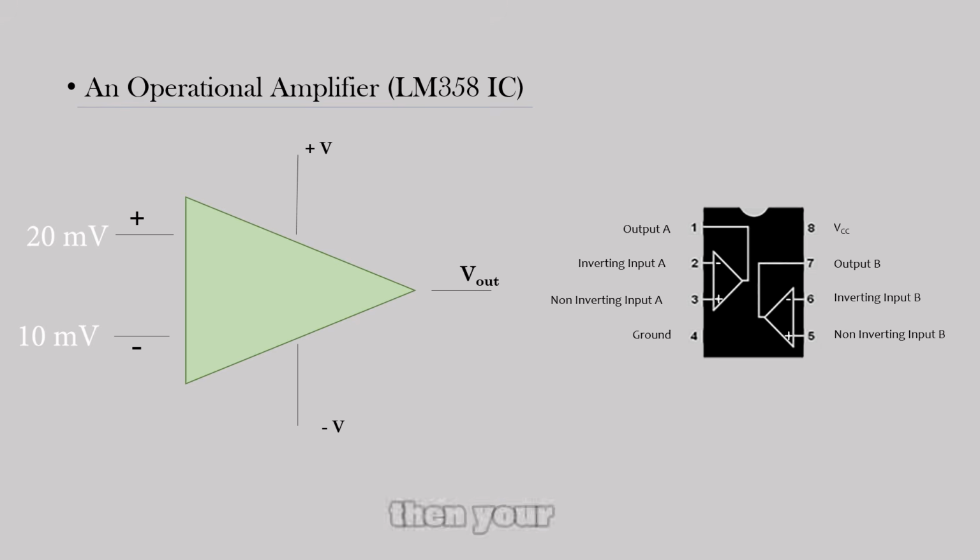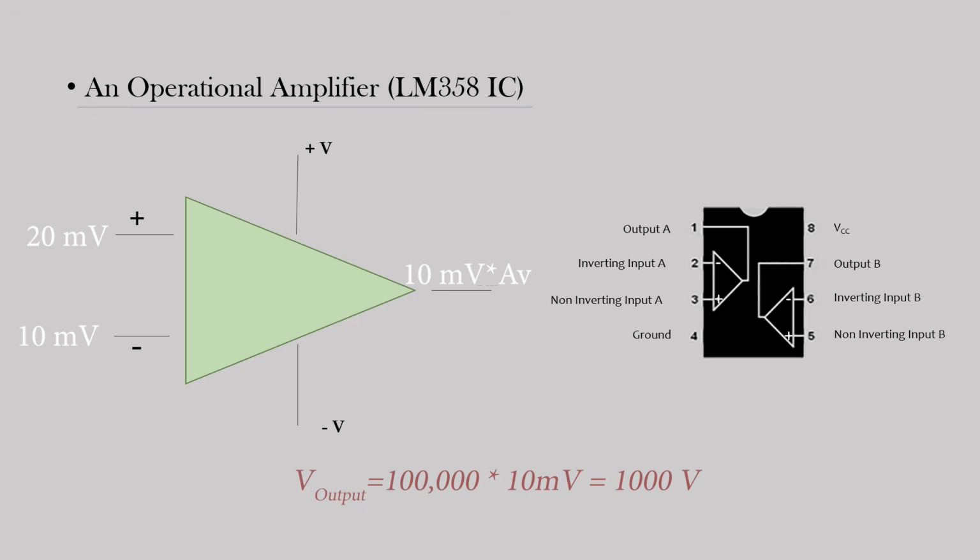Alright, but then your output is not just going to be 10 millivolts, which is the difference between both. Your output is going to be multiplied by the gain. So the gain of this operational amplifier LM358 is 100,000. So you're going to have 100,000 times 10 millivolts, which gives a maximum of 1,000 volts.